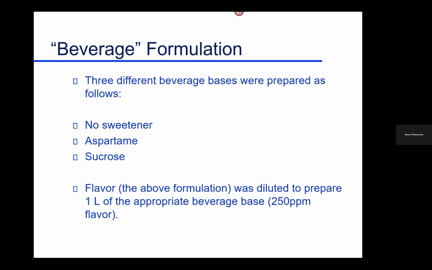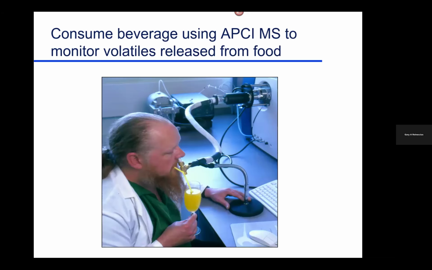One had no sweetener, so these were beverages. The other was ice cream. And then we took our beverage. One didn't have any sweetener. Another sample set had aspartame, and another set of samples had sucrose, so sugar basically. Diluted to prepare 1 liter of beverage, so looking at stability of flavors in beverage products.